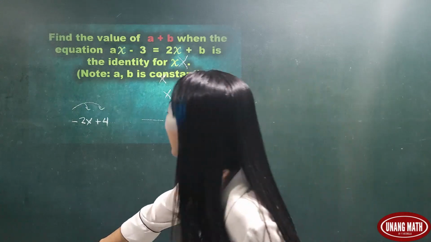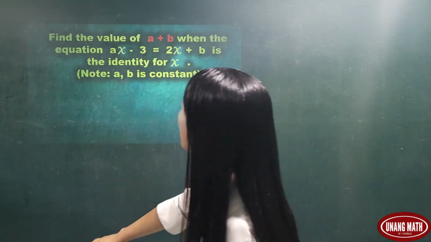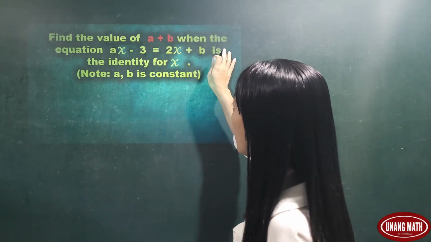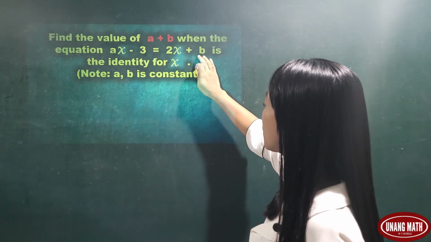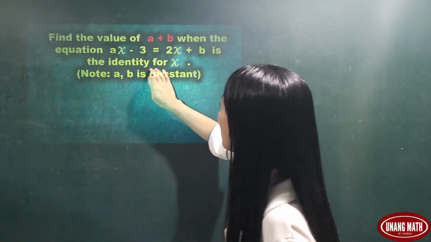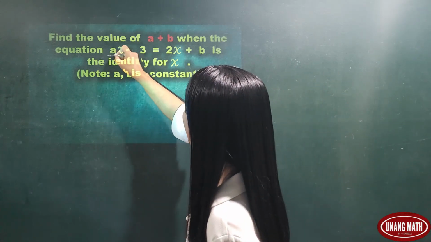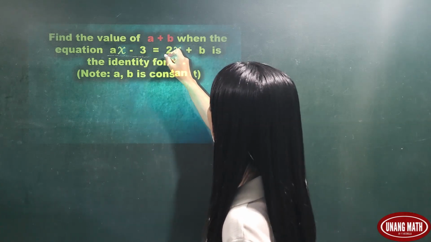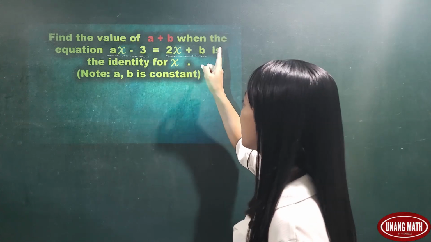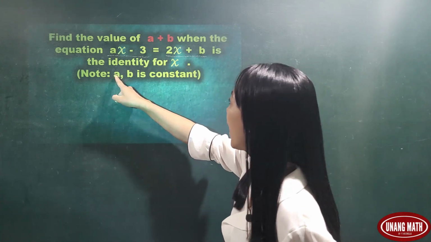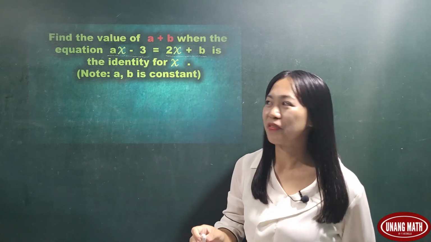Now let's answer this simple activity. Find the value of a plus b when the equation ax minus 3 is equal to 2x plus b is the identity for x. That means the expression ax minus 3 is the same or equal to 2x plus b. Note that a and b here are constant numbers.